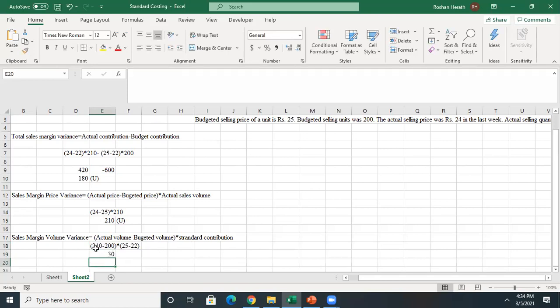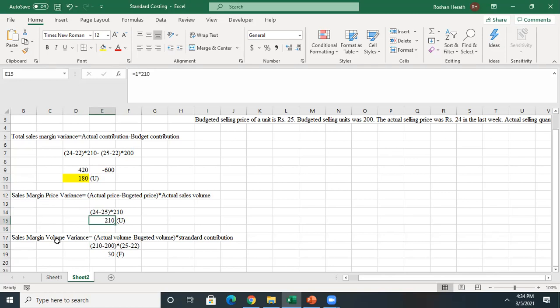So the actual volume is 210, but you thought of 200. Therefore, in terms of volume, it's good. Then you can see how this 180 has come: 210 unfavorable movement in the sales price.